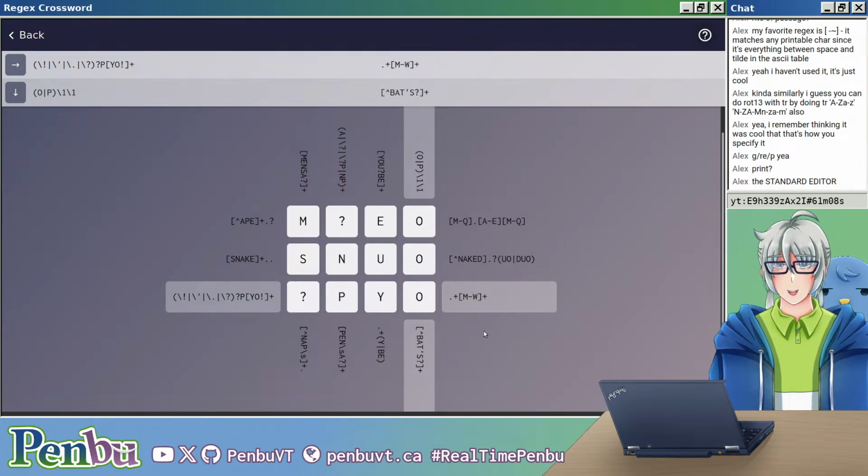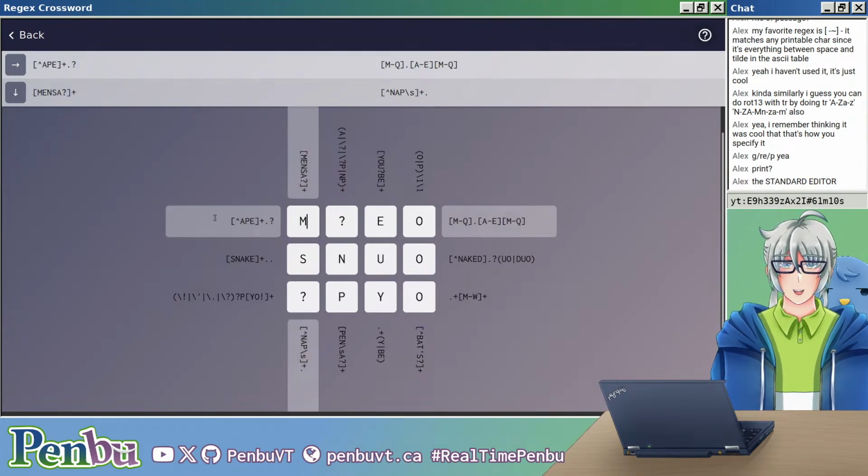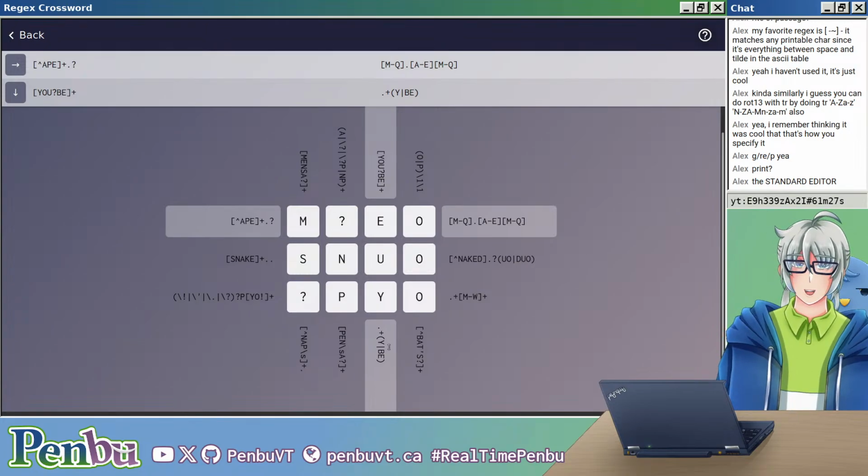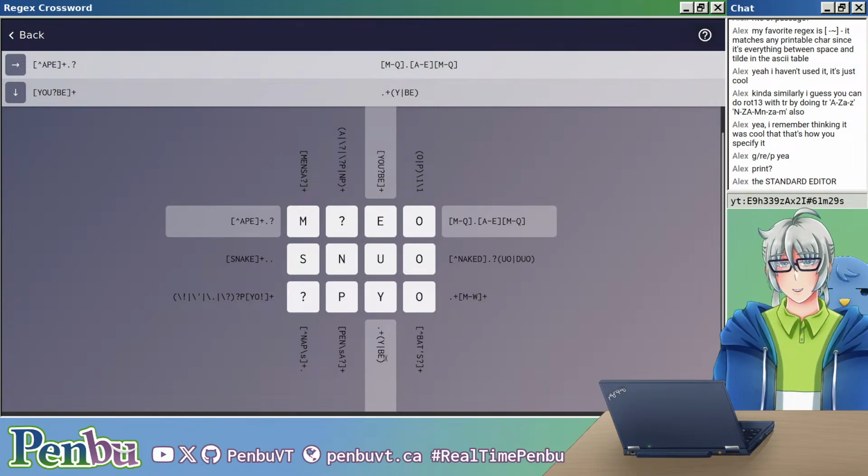What's failing? So M is not one of AP or E. It is in Mensa. This satisfies that. It is not one of those. This is one of the characters in here, and it's not one of those in here. But it's not a Y or a BE. That's what that is.